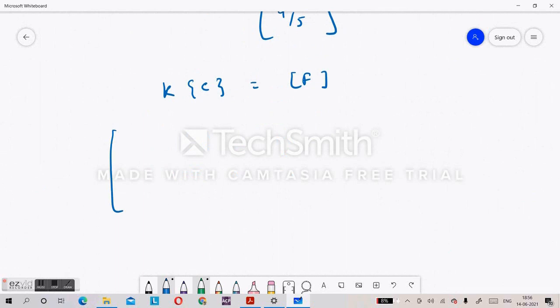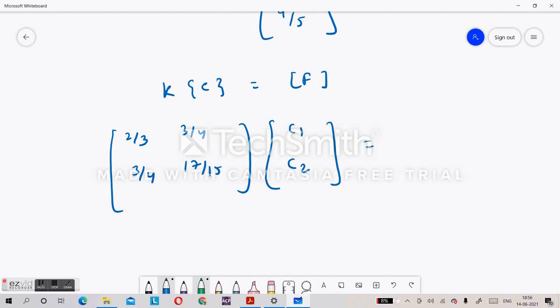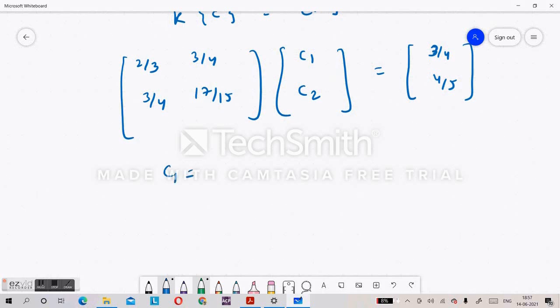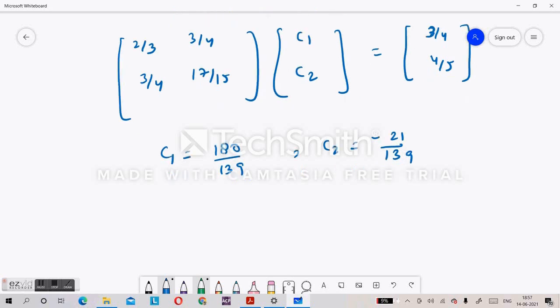The K matrix value will be 2 by 3, 3 by 4, 3 by 4 and 17 by 15. This K matrix is always symmetric. The C matrix is C1, C2, and the force vector will be 3 by 4 and 4 by 5. On solving, we will get C1 equals 180 upon 139, and C2 equals minus 21 upon 139.